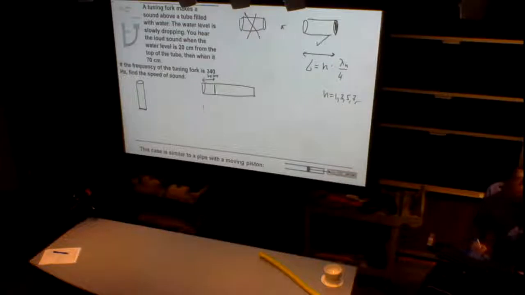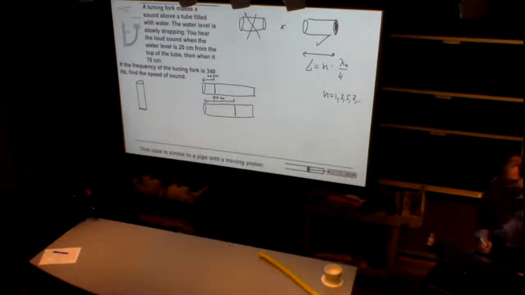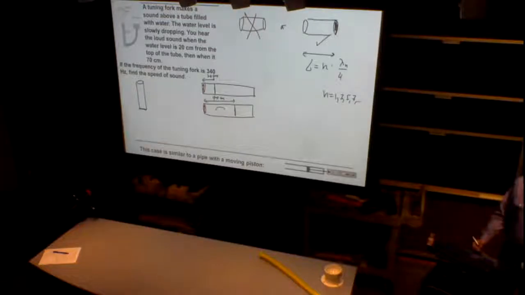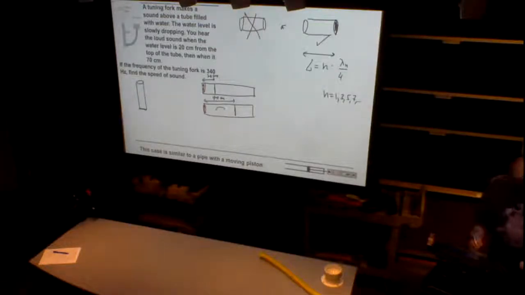And second time, we hear the loud sound when the water level is 70 centimeters away from the top. Now, we know it has to be antinode, node, antinode, another node, which means we have two nodes, which is a half of a wavelength.